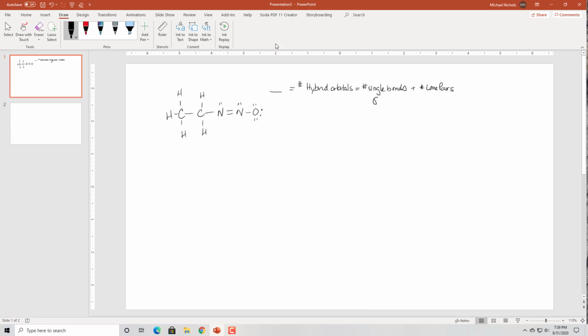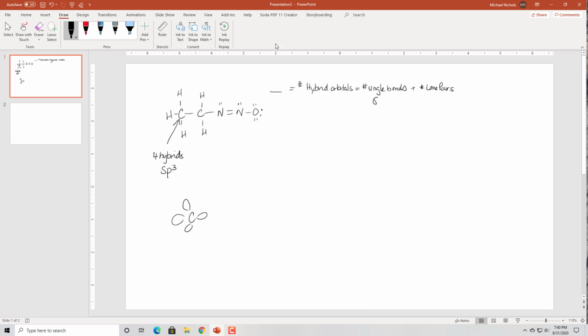So for instance, if I look at this carbon right here, that carbon has 4 sigma bonds, 4 single bonds, and therefore it has 4 hybrid orbitals. If it has 4 hybrid orbitals, then it has to be sp3, because that's how we combine to get 4 hybrid orbitals. So that carbon is sp3 hybridized.